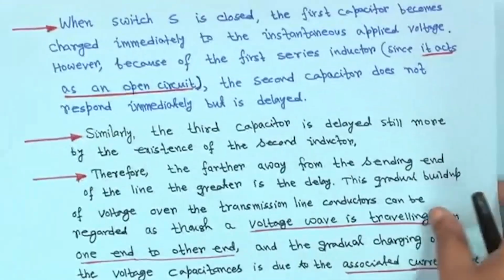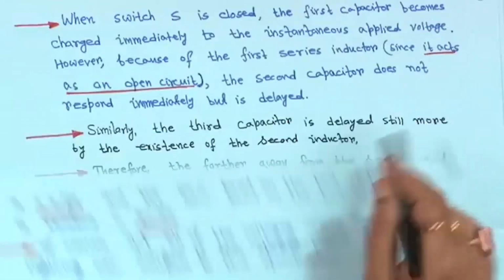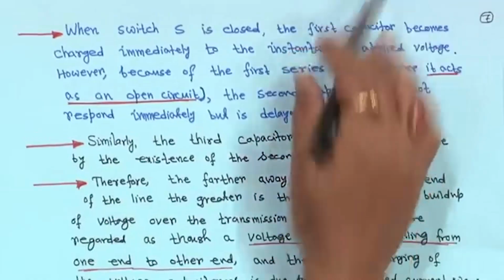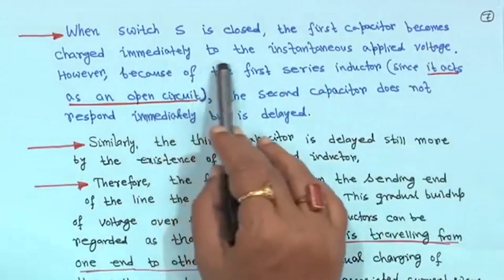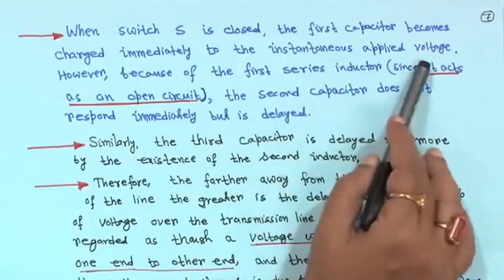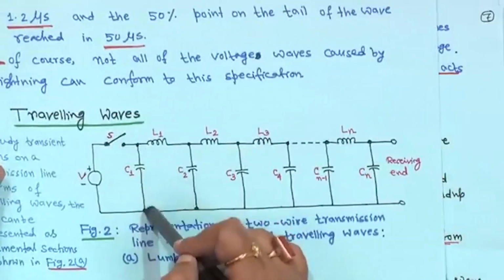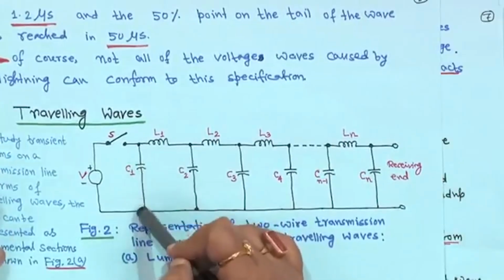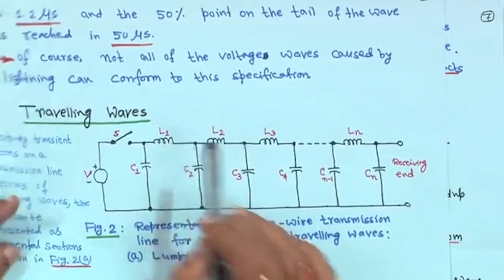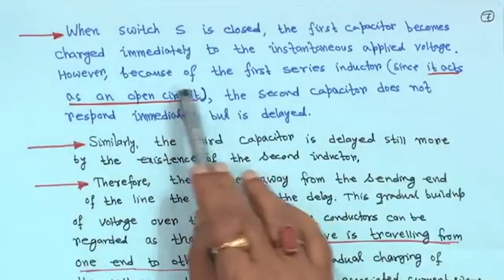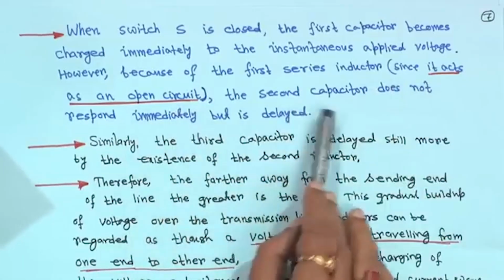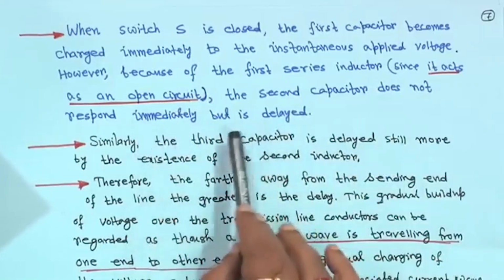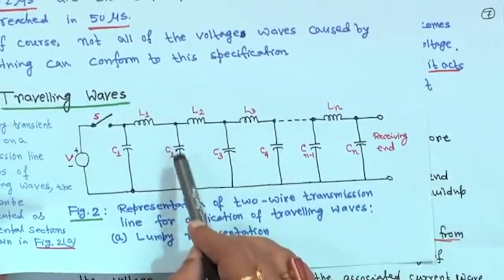So when switch S is closed, the first capacitor becomes charged immediately to the instantaneous applied voltage. I told you, immediately, because the capacitor acts as a short circuit and the inductor acts as an open circuit, right. However, because of the first series inductor, since it acts as an open circuit, the second capacitor does not respond immediately but is delayed.